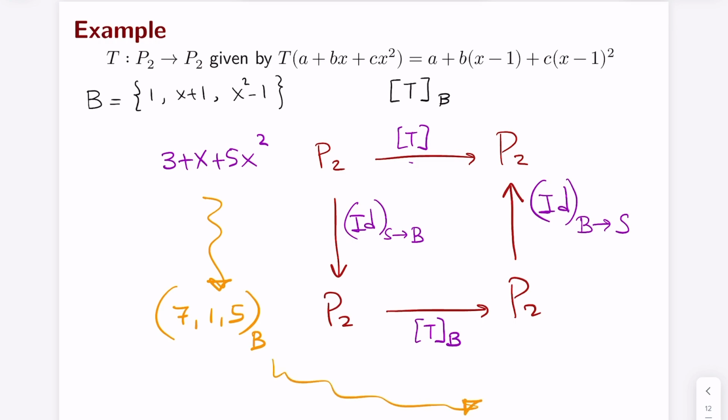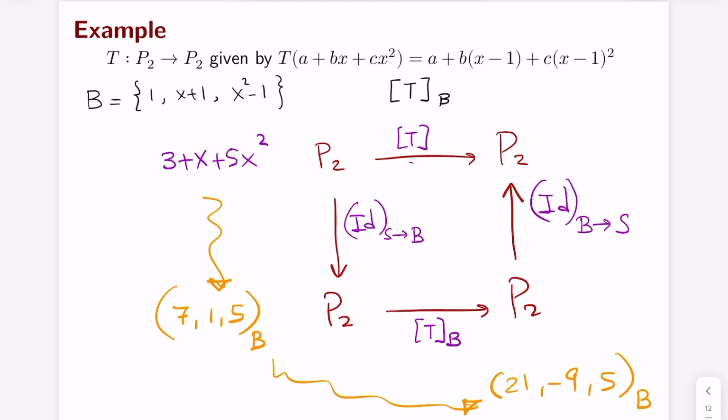So that gives us, after the multiplication, the vector 21, minus 9, 5. That should be the vector expressed in the base B here.